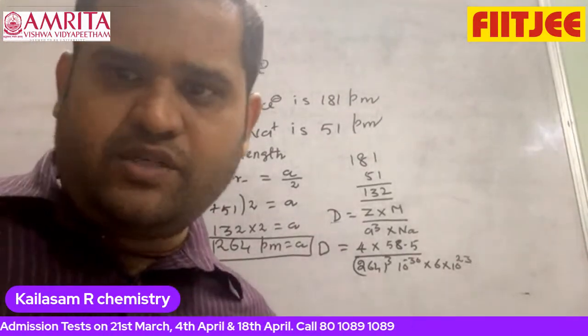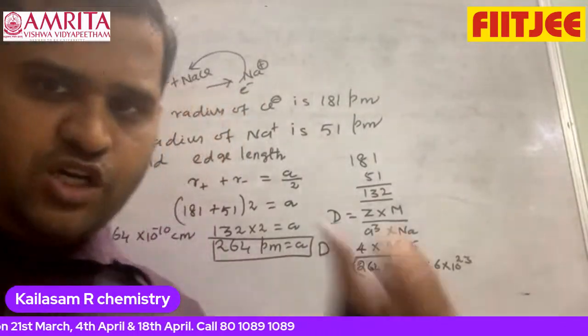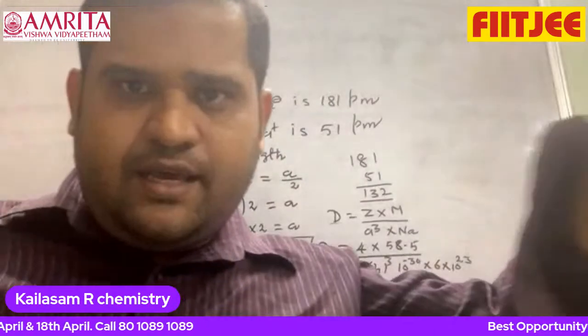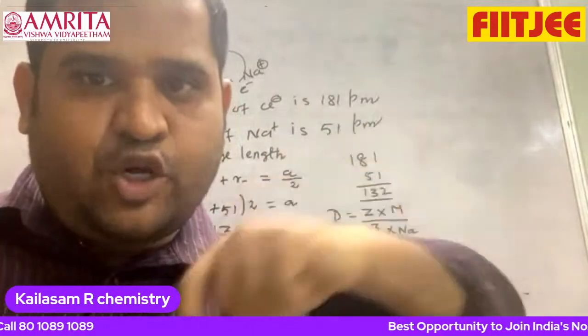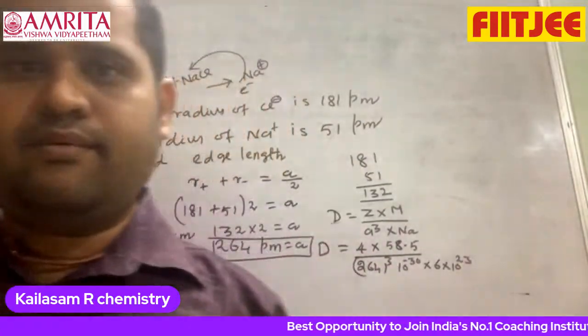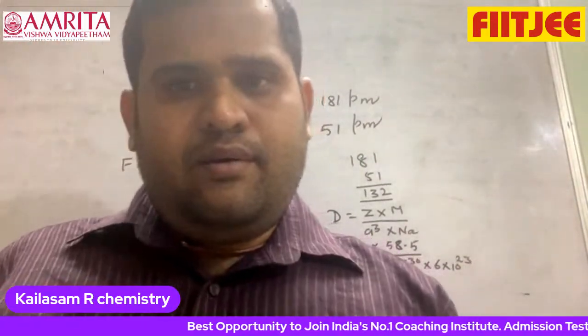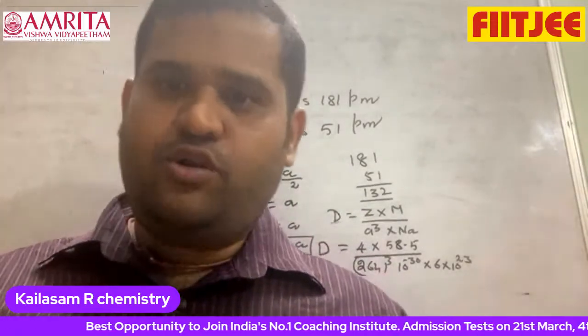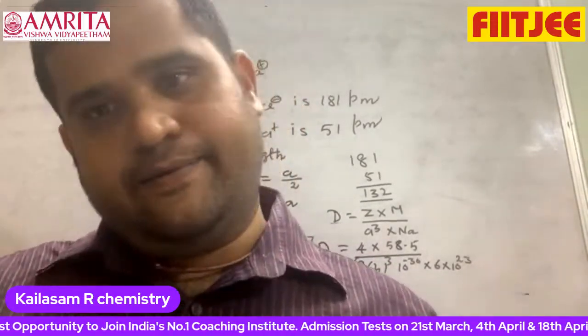Are you able to follow what I am trying to say? Because of that, the electron is called an F center. The F center is responsible for producing color. This is about the solid state.